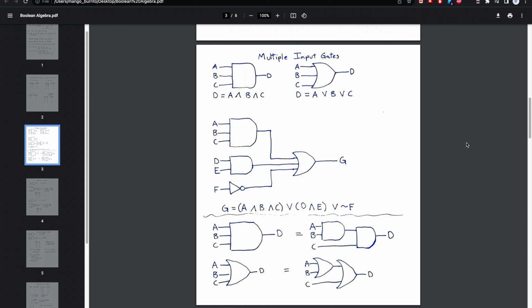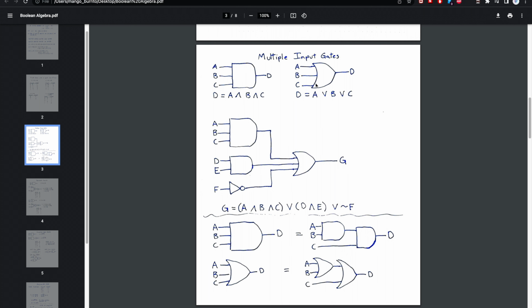Okay, so now you can look at multiple input gates. This right here is an AND operator. And you can see on the written expression A, and this caret is an AND operator, B, that's another variable, another AND operator, and C. So this whole gate is A and B and C, and the output depends on what A, B, and C are.